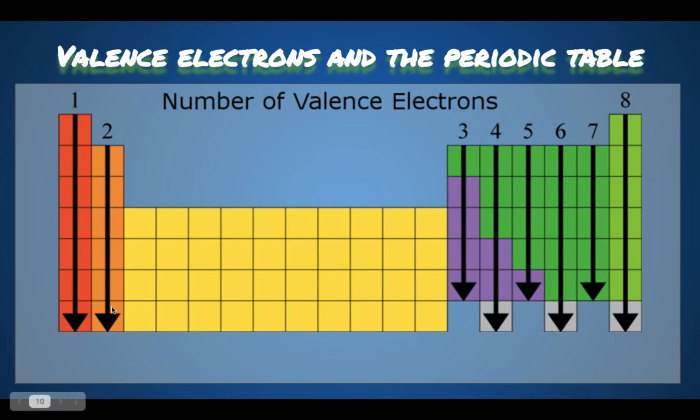In the second column, there will be 2 valence electrons. We're going to skip the middle for our purposes today and go right to the other side. And we have 3, 4, 5, all the way to 8. And remember, those with 8 have an outer shell or valence shell that is full. So those valence electrons fill up the entire outer shell.